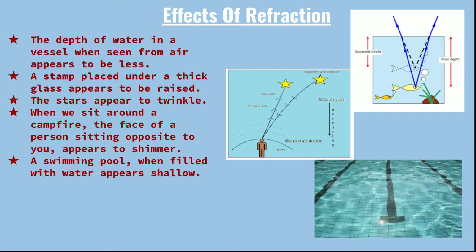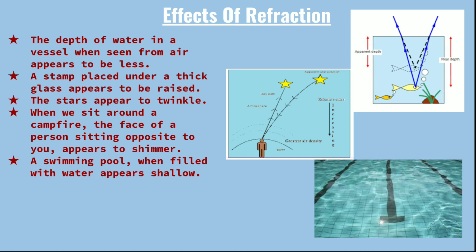Why is this refraction of light so important? What are the effects of this refraction? When we look at a bucket of water, we see that the depth of water is slightly raised up.